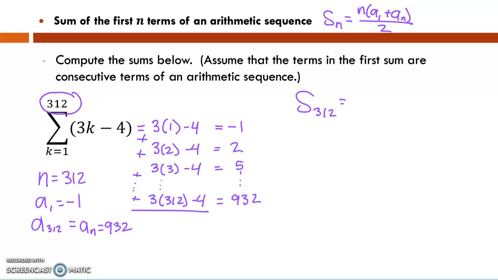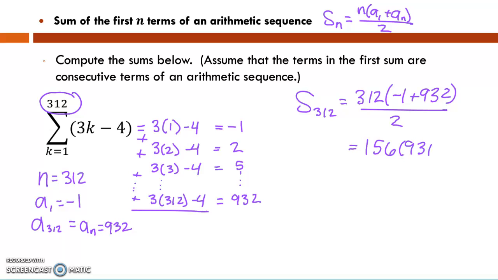So this sum of 312 terms is equal to 312, or n, times -1 plus 932, and then we go ahead and divide that by 2. So this sum is 156 times 931. Where did that 156 come from? 312 divided by 2 is 156.